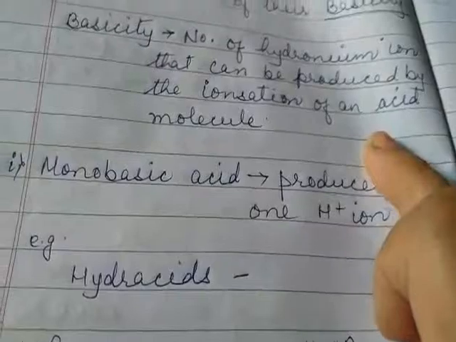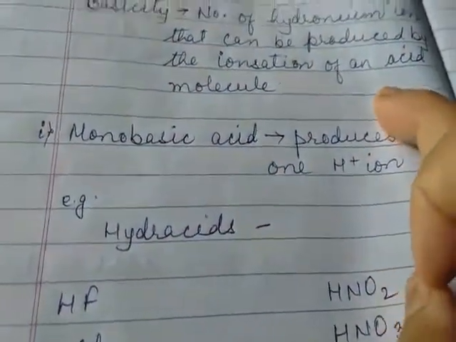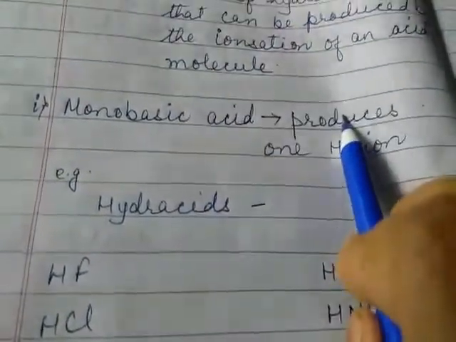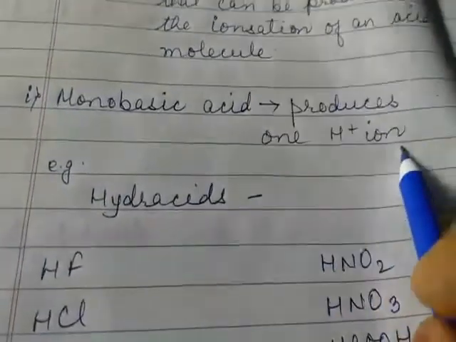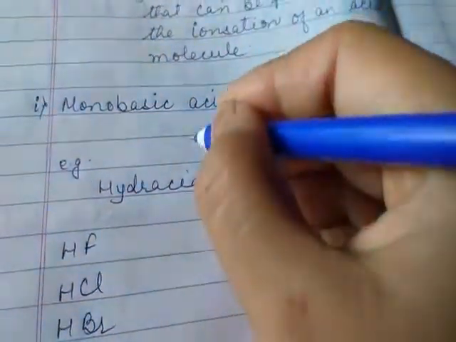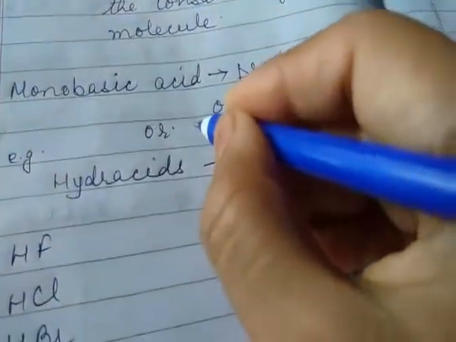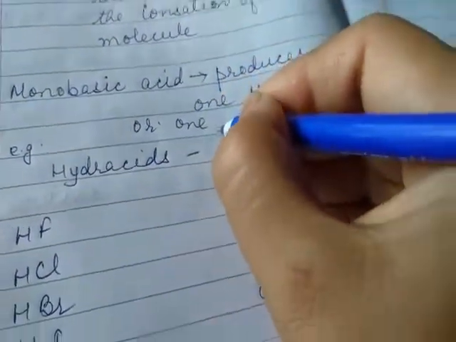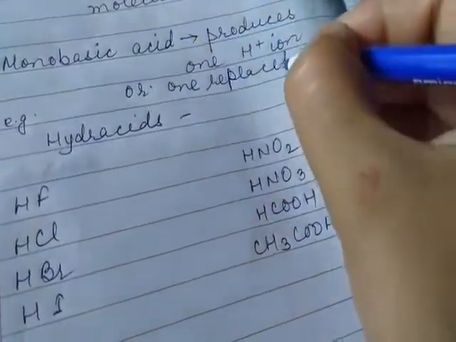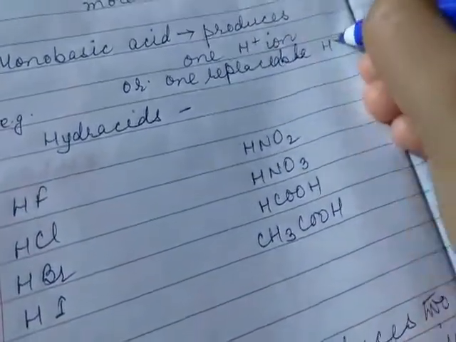So on the basis of basicity, there are three types of acids. First is monobasic acid. Monobasic acid means one which produces only one hydronium ion, or which has only one replaceable hydrogen ion.